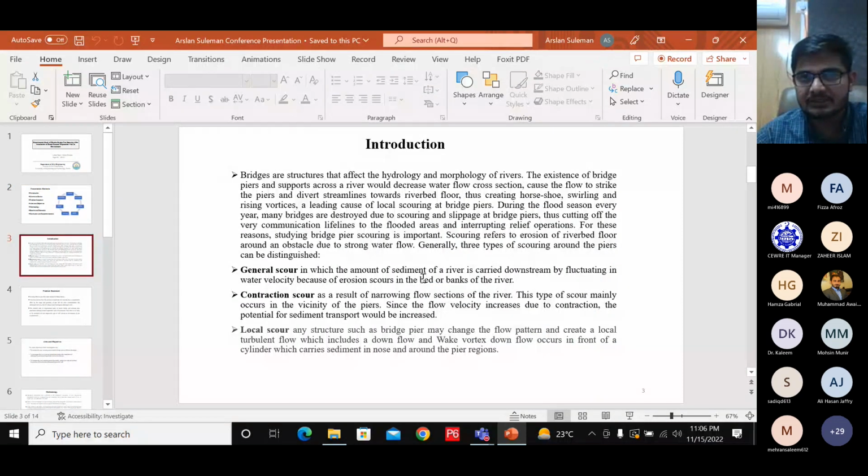Whenever we place a hydraulic structure in the way of water, it creates turbulence around the structure, and as a result, scouring occurs around the periphery of that structure. To be more concise, there are three types of scour that make up overall scour.